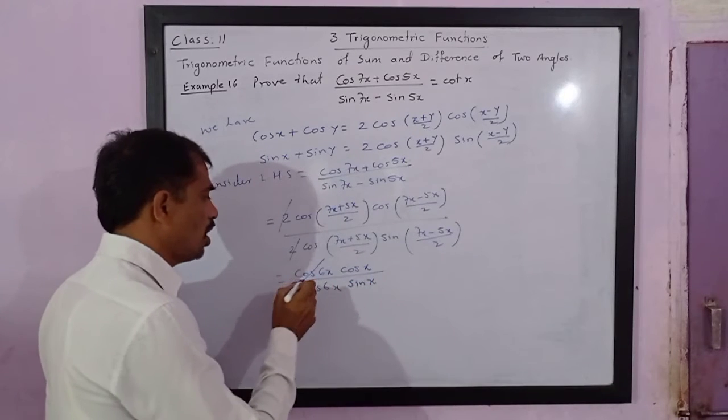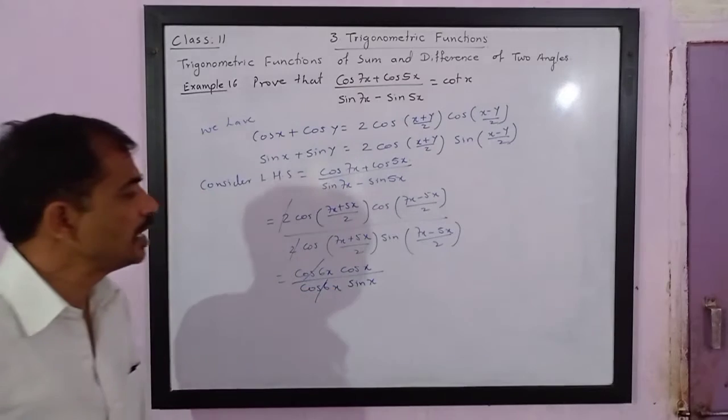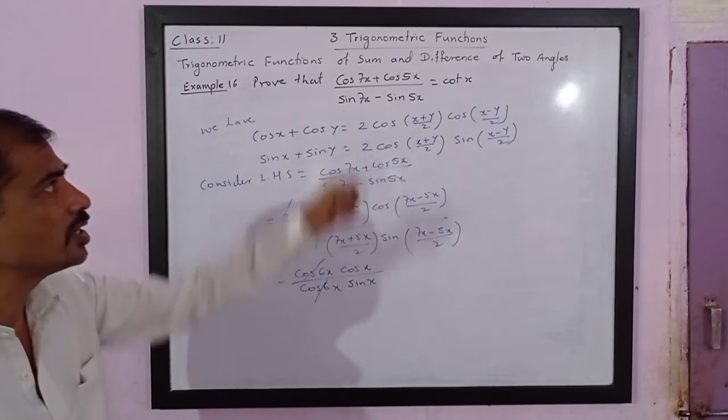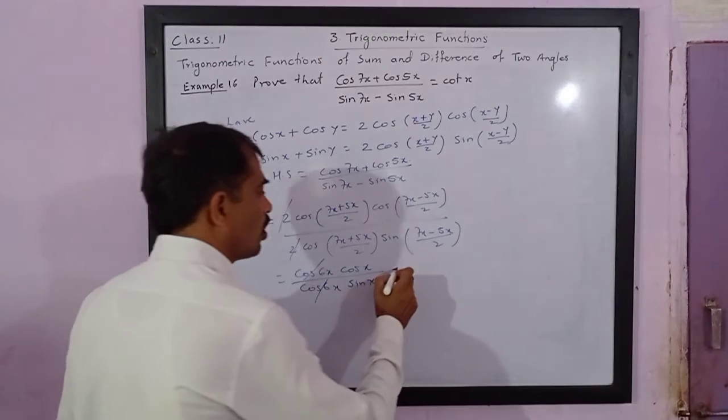Please note here cos 6x and cos 6x get eliminated. We have cos x upon sin x, and cos x upon sin x is nothing but cot x.